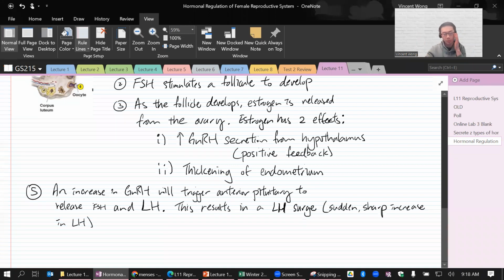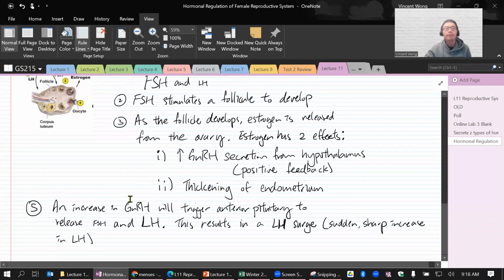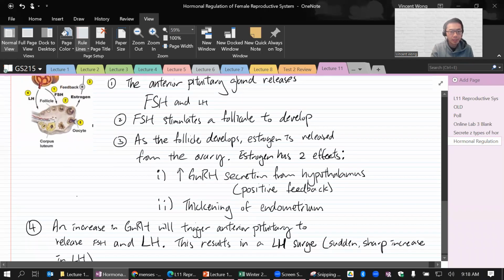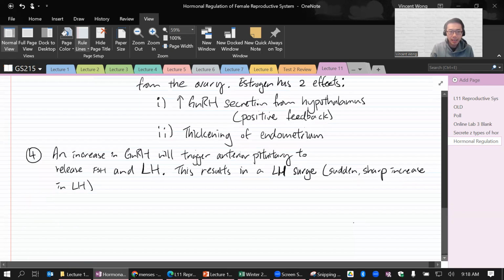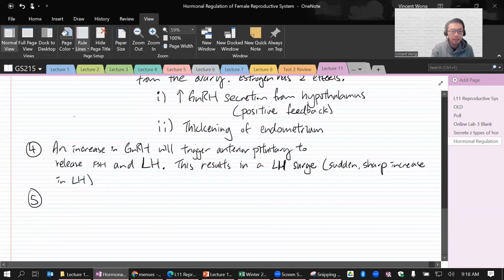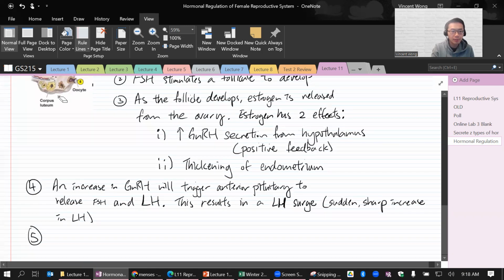Because these hormones are released into the blood. Is that number 4? Sorry, that was number 4. My bad. Number 4 here. So that leads to an LH surge, and then it's going to be number 5 right here.